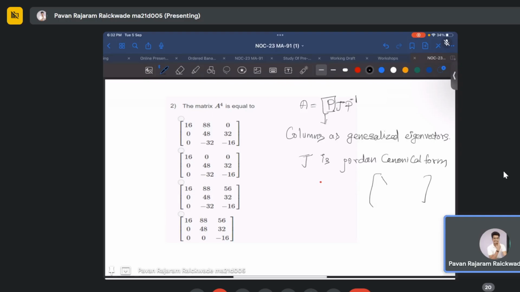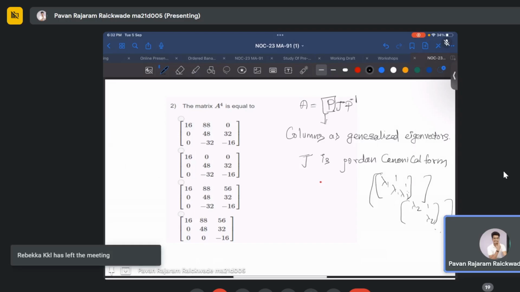It will consist of Jordan blocks. This is one block, and for another eigenvalue you have another block. I hope this Jordan block has been explained in the lecture videos. It is, right? Yes.